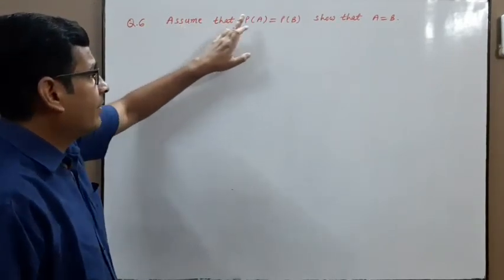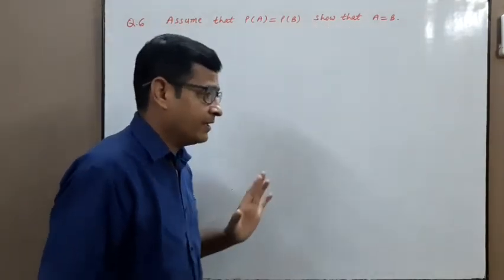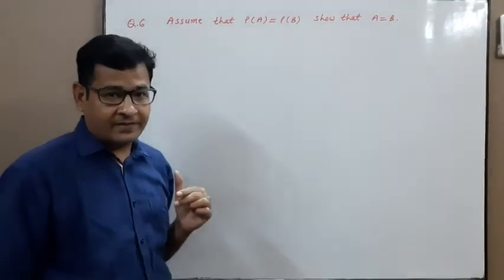Assume that power set A is equal to power set B. Show that A equal to B. First I recall the definition of power set.